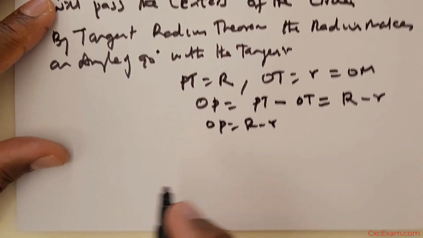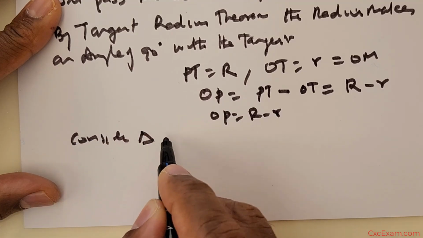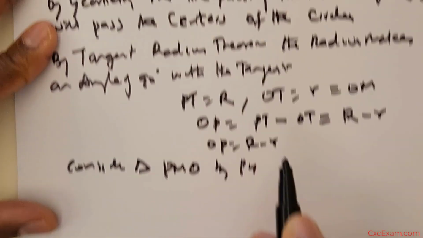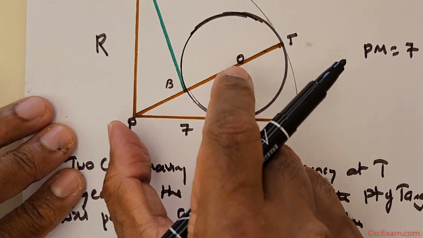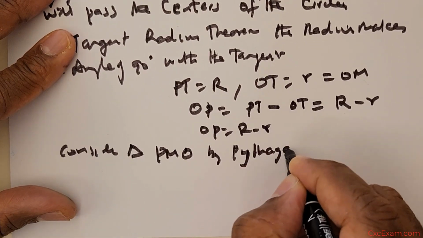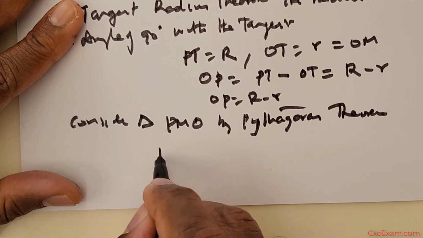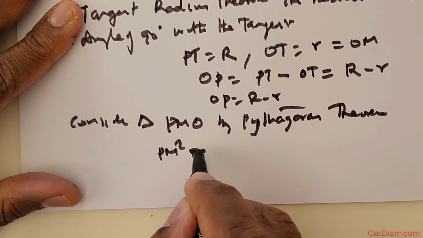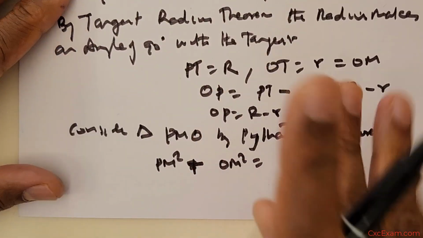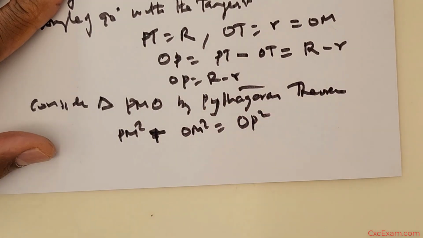Okay, now why do we need this? Consider triangle PMO. I will be considering this triangle. So by Pythagoras theorem, what do we have? PM squared plus OM squared is equal to OP squared, right?